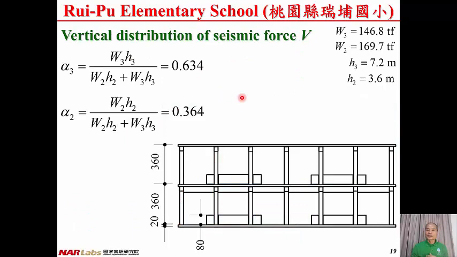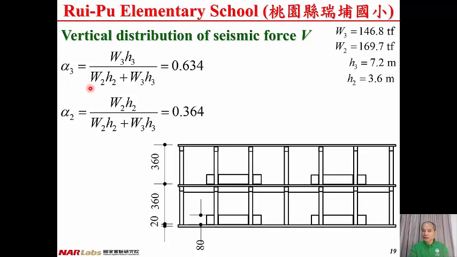In order to calculate the lateral load strength of a column line, we have to know about the vertical distribution of the seismic force, under the assumption that the vertical distribution of the seismic force for the whole building is the same as for a column line.